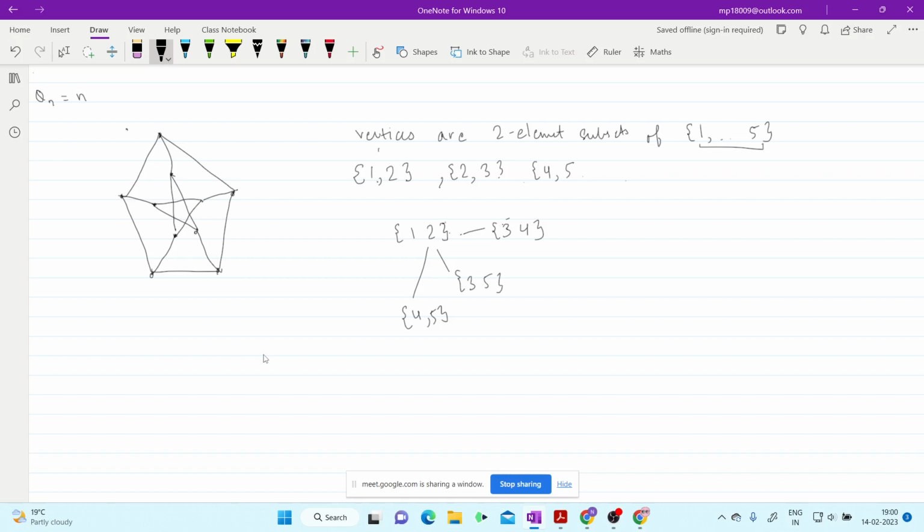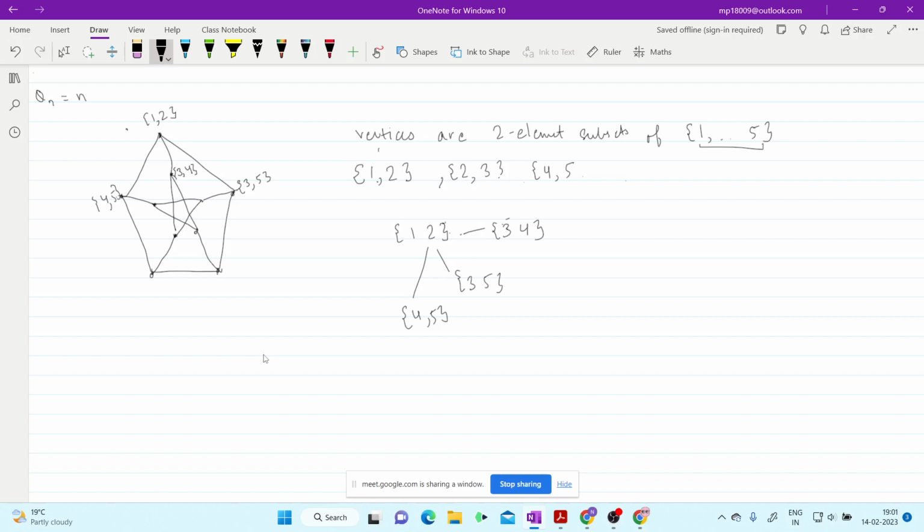In this case, suppose this is 1 2. Suppose I take this as 3 4 and this as 3 5. What is the other set which is disjoint? 4 5.